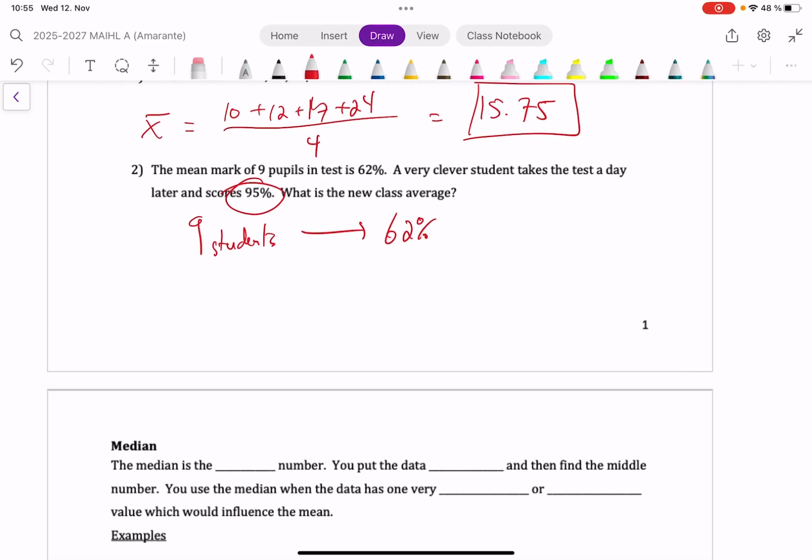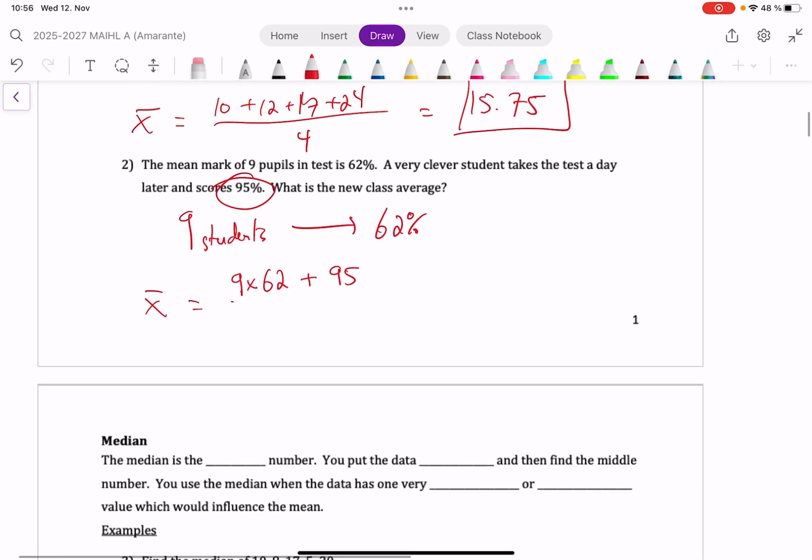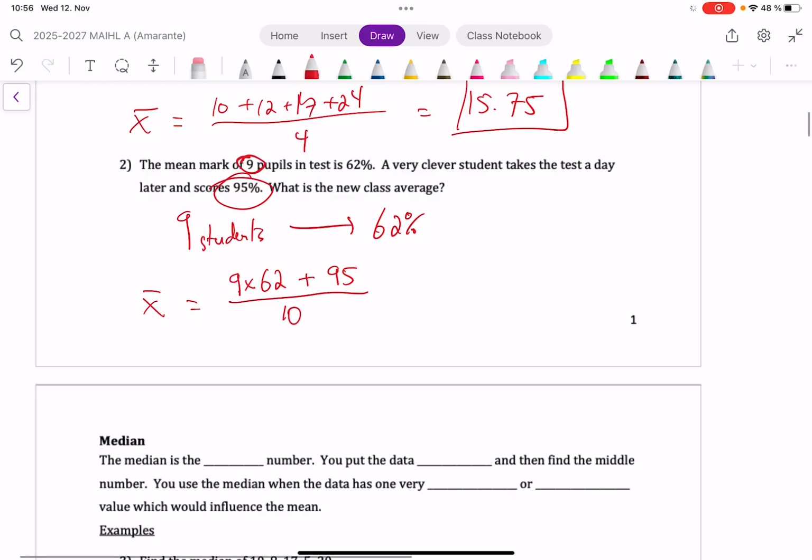So if I want to find the new class average, I take 9 students who averaged 62. So I have 9 62s, and then I have 1 95. But now instead of having just 9 students, there's a 10th one. So I'm going to divide by 10.